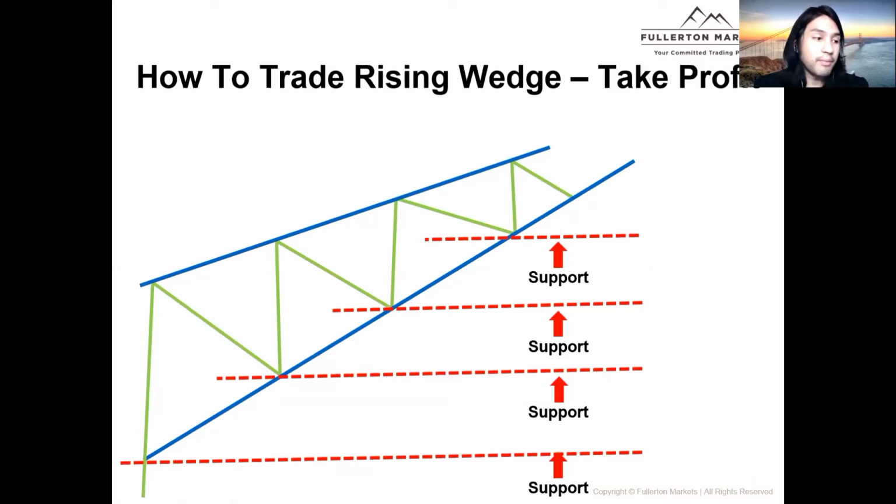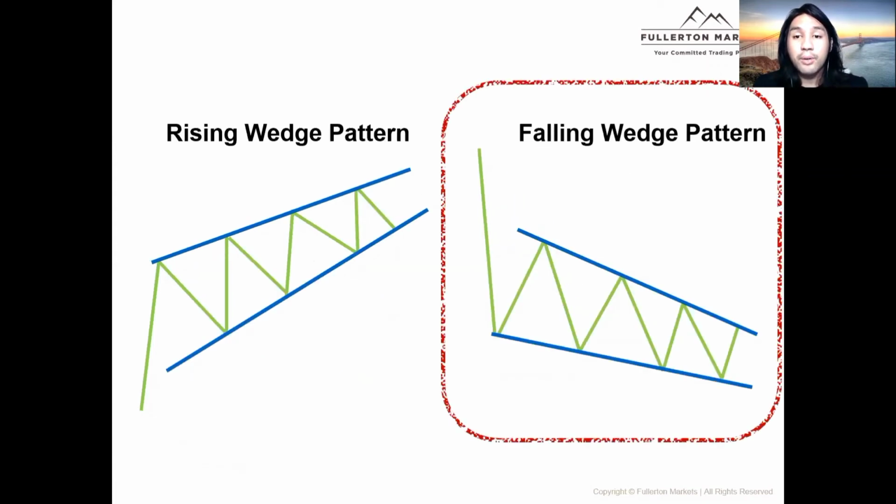Forgive me, slip of the tongue. So we've done a few things. We've identified the pattern, we know when to enter, we know our stop loss, we know where to take profit, and that is just for the rising wedge. Now, let's focus on the falling wedge pattern. Same thing.